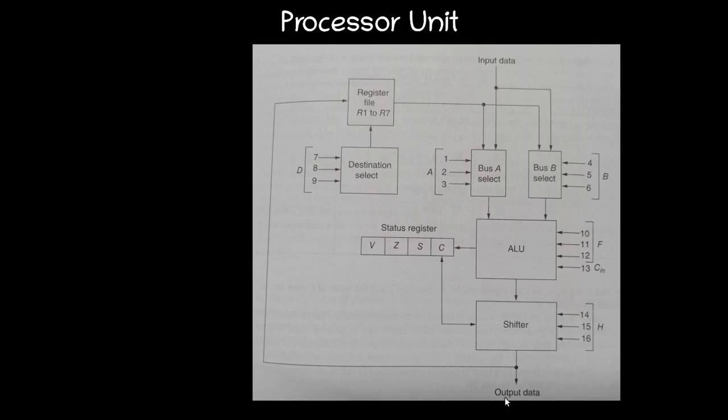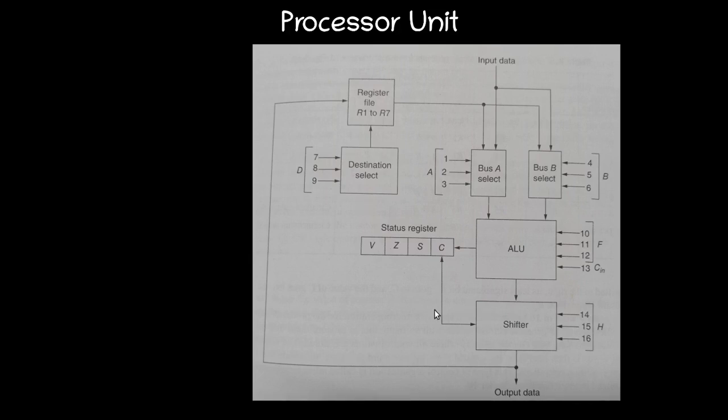The data will be available only through the output bus. But if we give 0 0 1 here, then the result will be stored into R1. If we give 0 1 0, then the result will be stored into R2. Similarly, if you give 1 1 1, then the result will be stored into register R7. Okay, so this is for destination select.